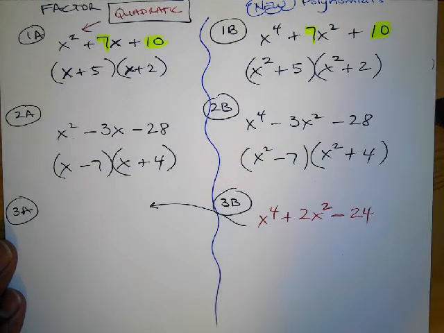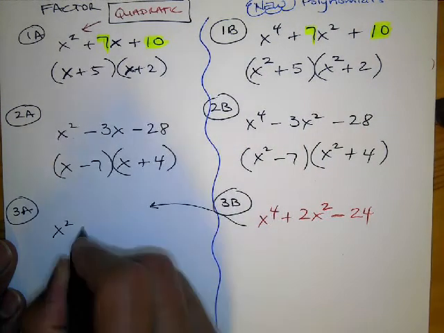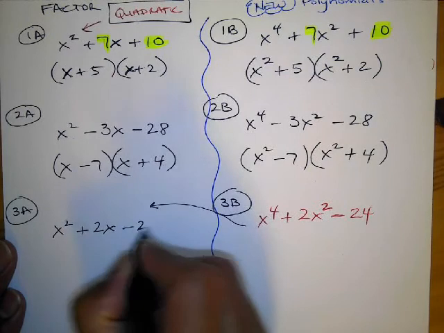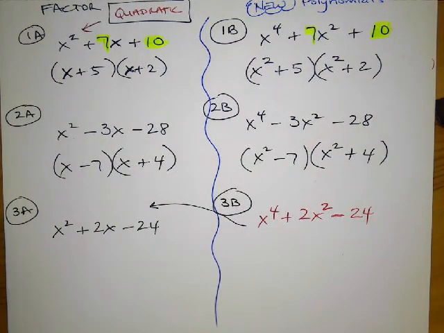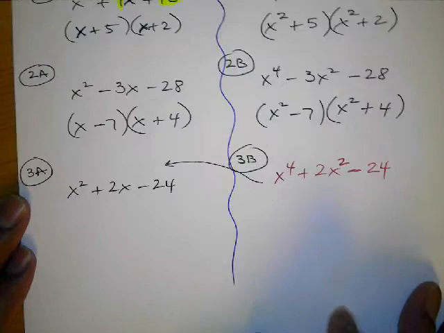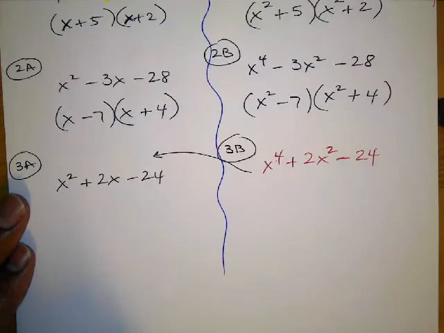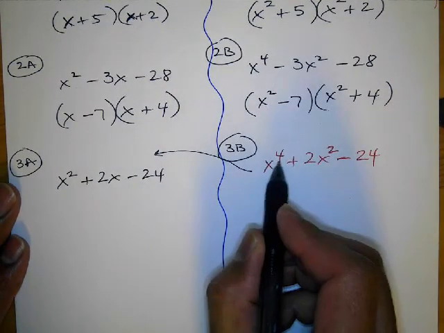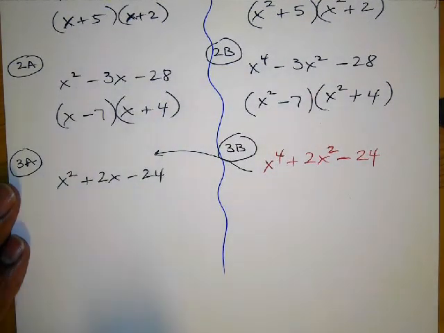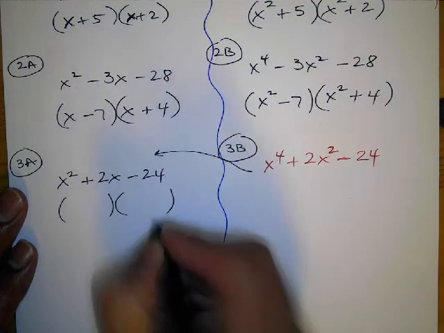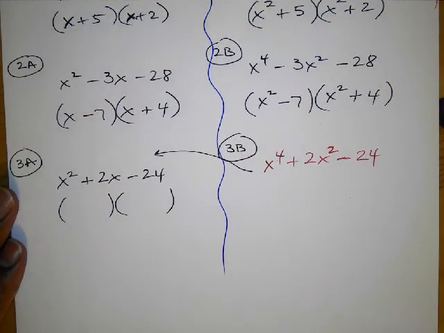So if I have this problem, I'm going to rewrite this one as a quadratic. This one, if it's quadratic, it would be x squared plus 2x minus 24. I know some of you can see it already. I know some of you are going to be good like that. But I'm just telling you, it's going to help, because these numbers throw you off, right? Especially the degree. Looks intimidating. You're not used to seeing this. You're used to seeing this.